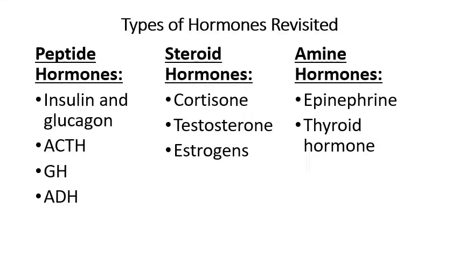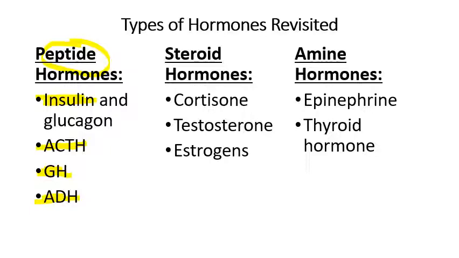Okay, all of these are peptide hormones, insulin and glucagon, so that's why we have to inject insulin. A diabetic has to inject insulin instead of taking a pill. Adrenocorticotropic hormone is also a peptide hormone. So is growth hormone, and so is antidiuretic hormone.